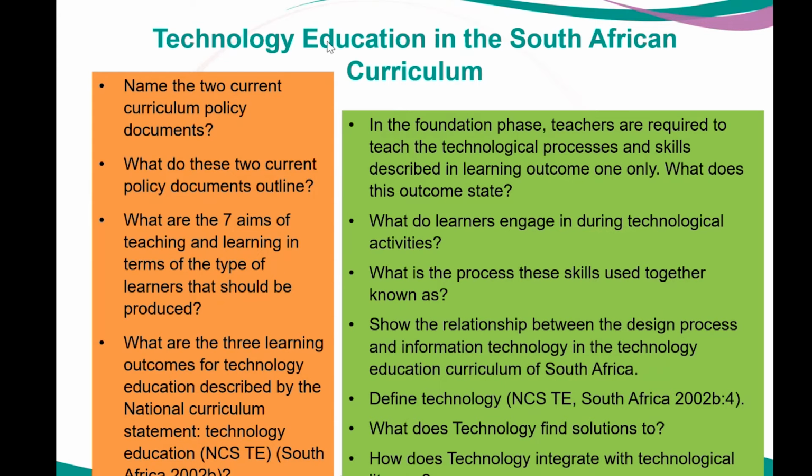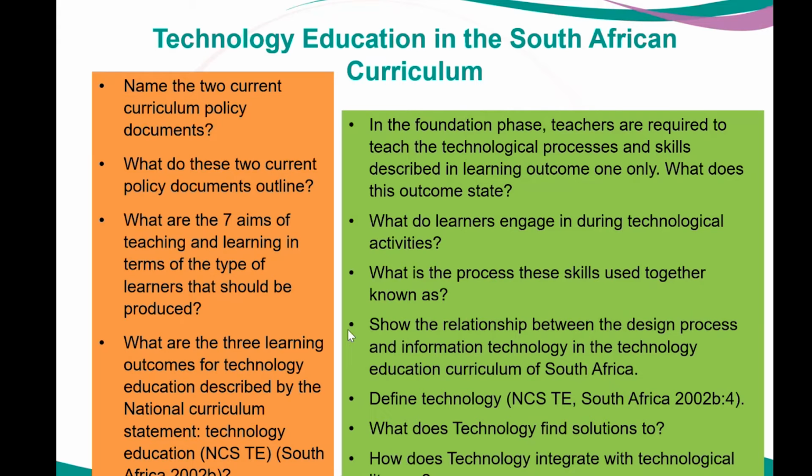Okay, so now we're looking at questions that you can ask yourself when going through the information in the study guide with reference to technology education in the South African curriculum. Make sure that you know the two current curriculum policy documents. What do these current policy documents outline? What are the 7 aims of teaching and learning in terms of the type of learners that should be produced?